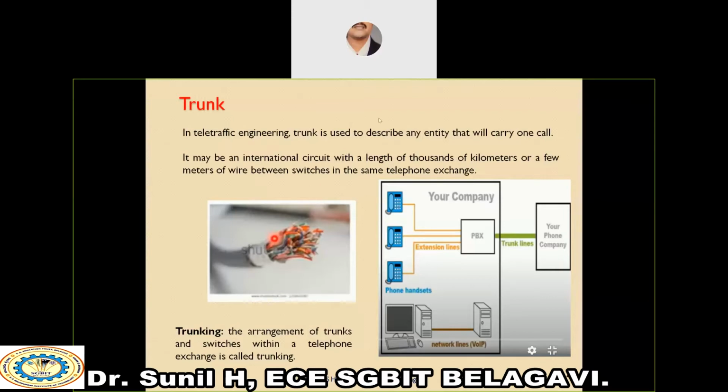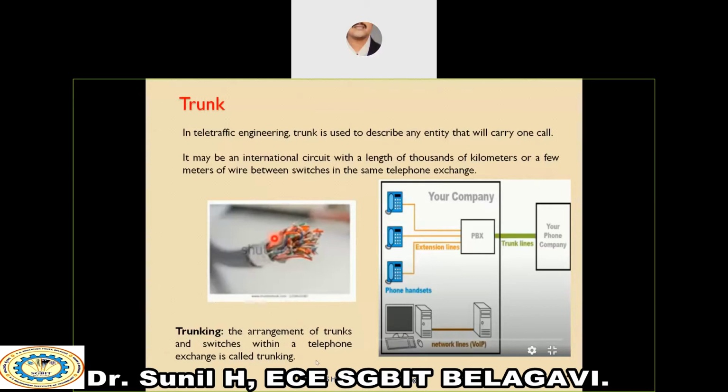Now you can see here we have different types of switches along with the lines. Without trunk lines, you cannot pass any information from the source company to the different number of subscribers. For that purpose an arrangement has to be done with respect to the trunk lines as well as some switches.